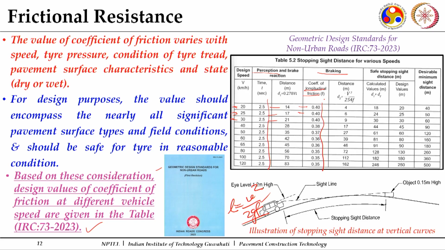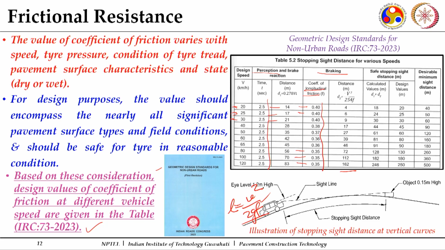Here they have assumed that this longitudinal coefficient of friction decreases with the increase in speed, and on the basis of it, this much distance is required for a vehicle to apply brake and finally stop. As you have a good coefficient of friction, you can stop the vehicle in a smaller distance.